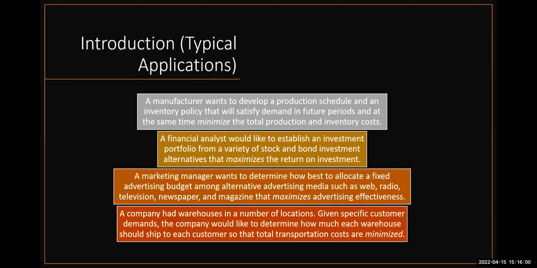Linear optimization is for when you have alternatives. If you have a few alternative choices, then you want to make a better decision, and you can use different types of advertising so that you can maximize the effectiveness of your advertising.